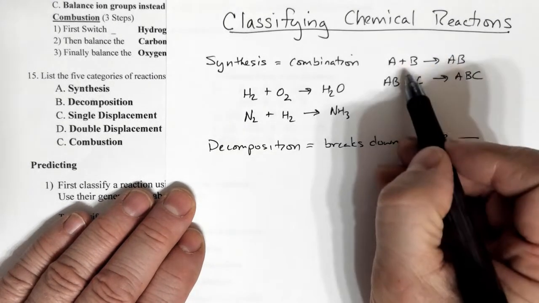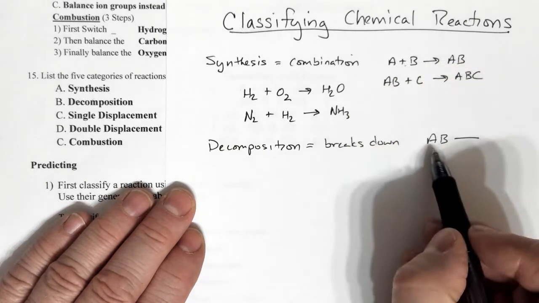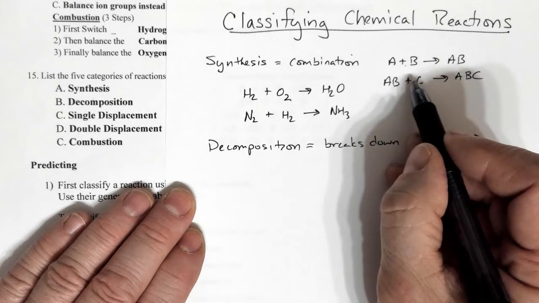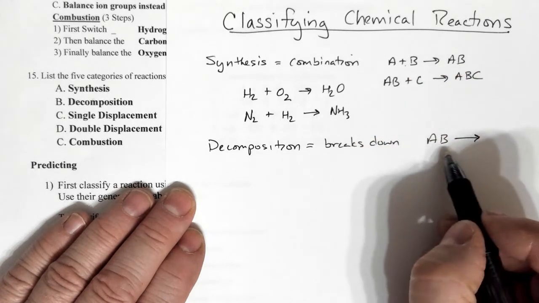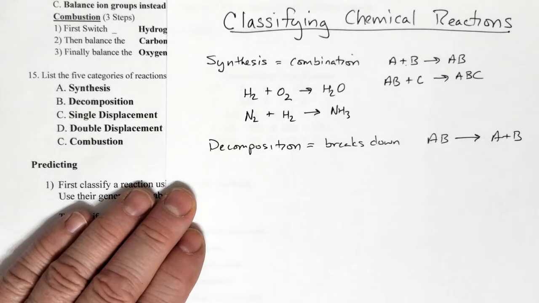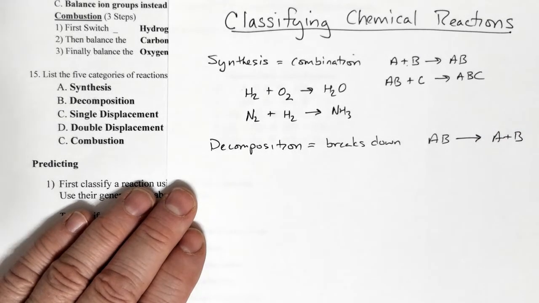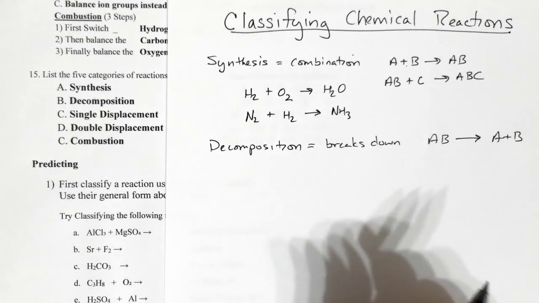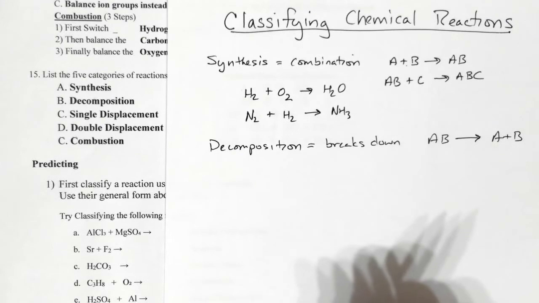There's no plus sign on the reactant side, because there's nothing to react with. So these can't get any bigger. The only thing I can do is basically break apart. And there's a lot of materials that do break down. So that is an example of a decomposition reaction.